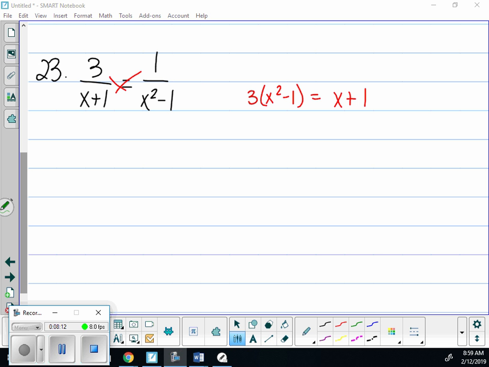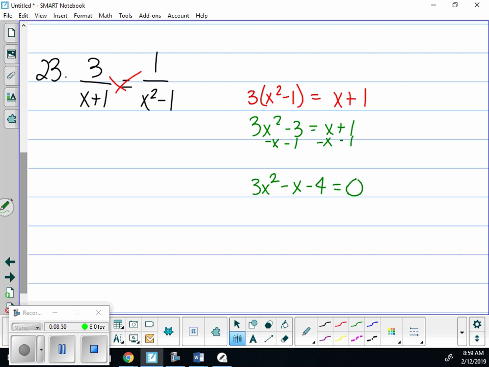So you'd get 3x squared minus 3 equals x plus 1. Since you're dealing with an x squared, I would subtract x and subtract 1 from both sides. And get 3x squared minus x minus 4 equals 0. And then either factor or use the quadratic formula to solve that.